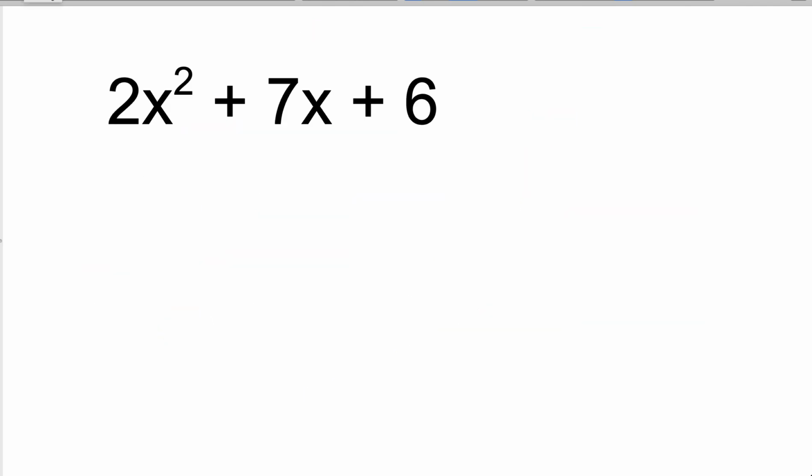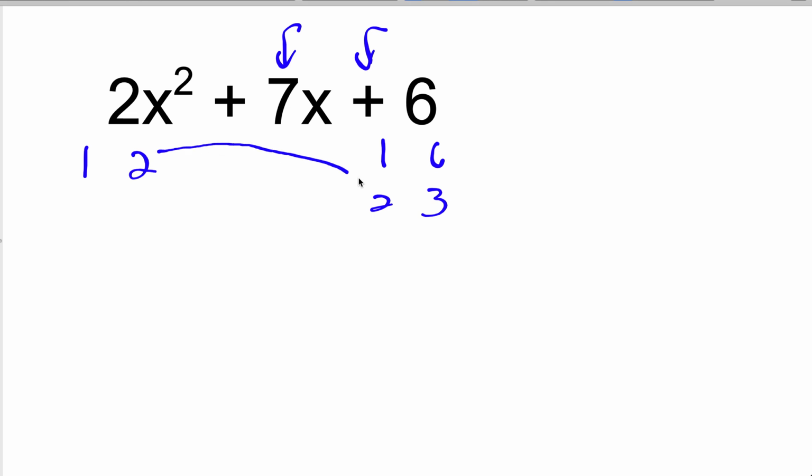One more time. My factors of 2, 1 and 2. My factors of 6, 1 and 6, 2 and 3. The middle term has to add to be 7. So middle term adds to be 7. I have 4 and I have 3.